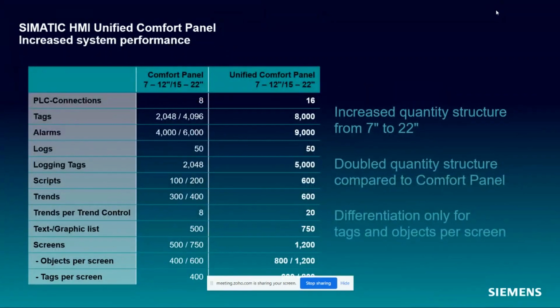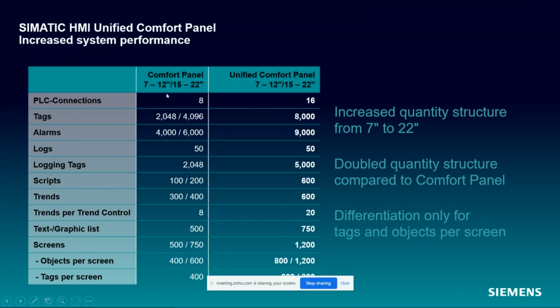So this part here really is pretty cool. Right here on the comfort side, you'll see 7 to 12 and 15 to 22, and you'll see the same thing over here on this side. So connections on the old version of it, 8 PLCs, but now it's up to 16. And the 16 means every panel, right?